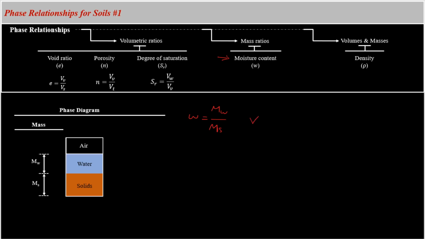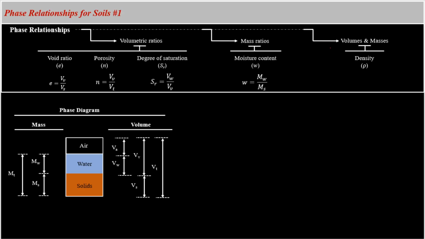This parameter is normally expressed as a percentage, and the typical values of a moisture content can be from 0, which is in a dry sample, which has a mass of water of 0, to a very, very large number, which will happen in a sample that has a mass of water that is much larger than the mass of solids in it.